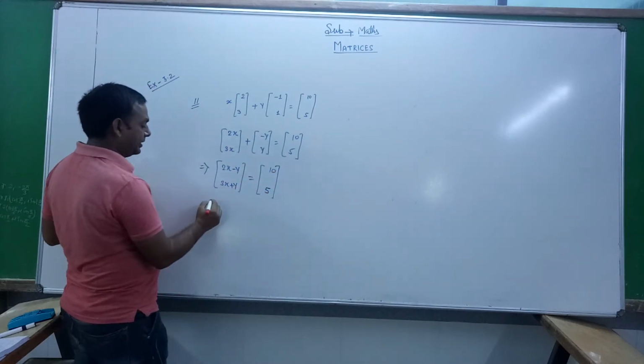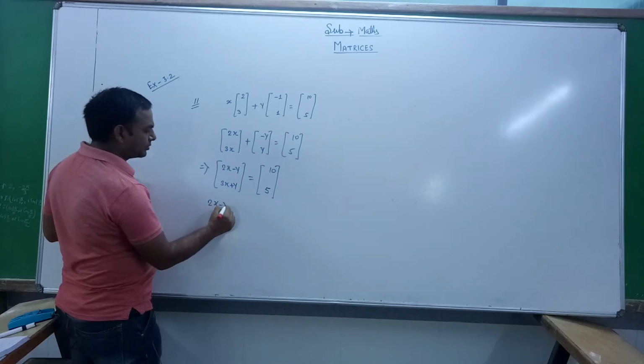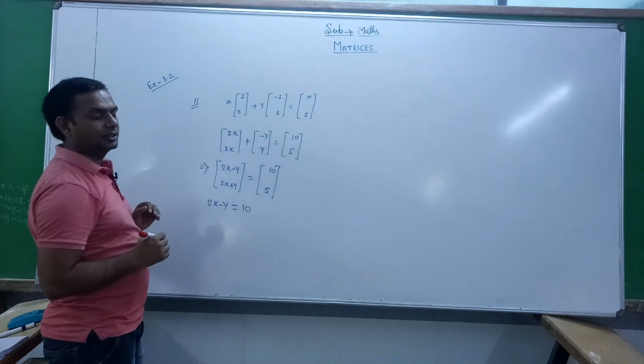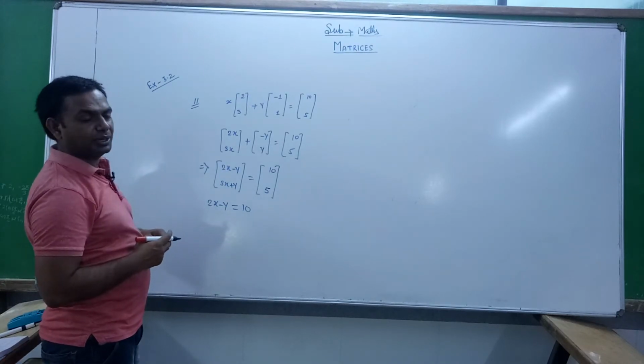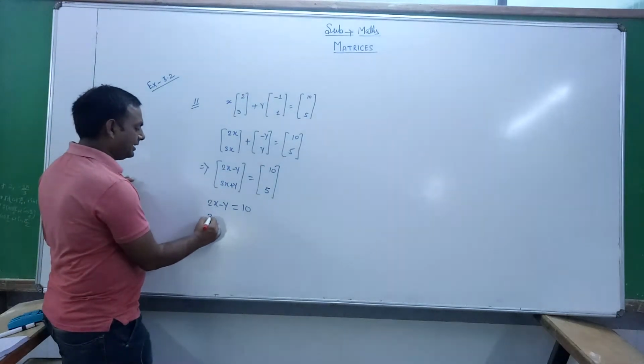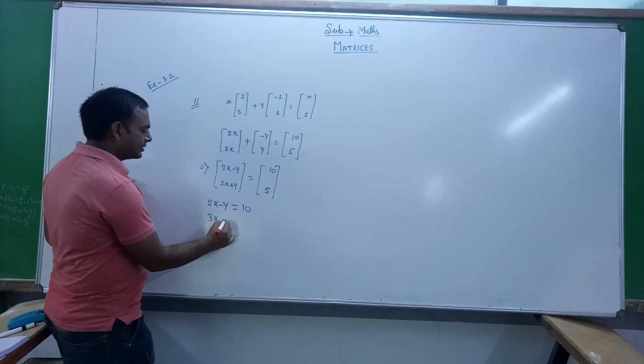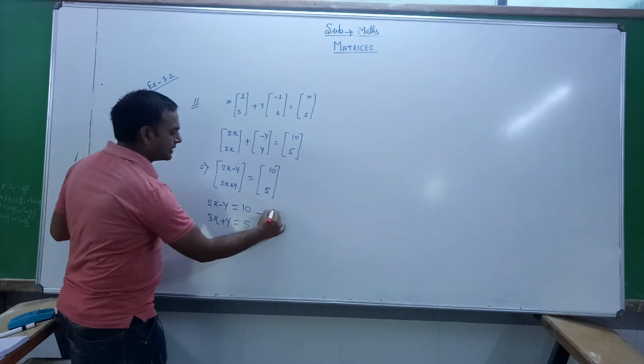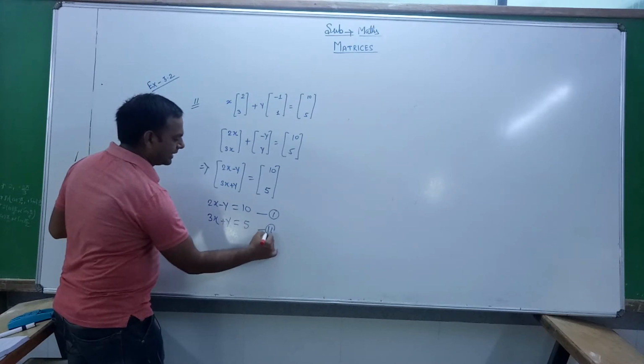After comparing, 2x minus y is equal to 10 and 3x plus y is equal to 5. This is equation number one and this is equation number two.